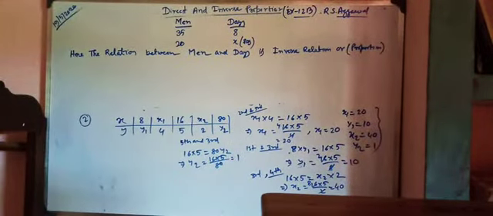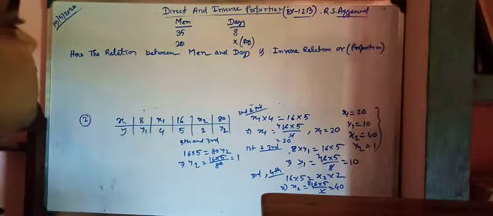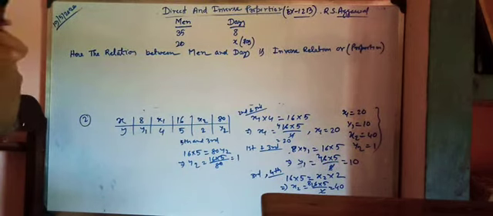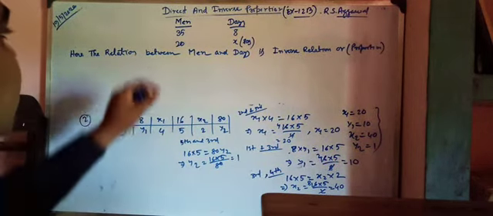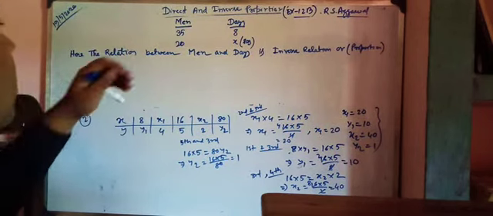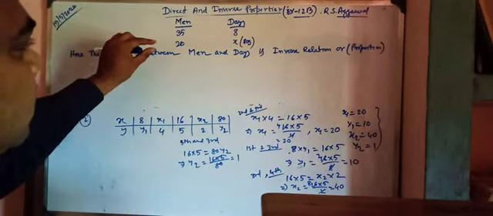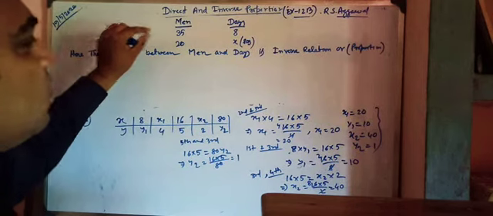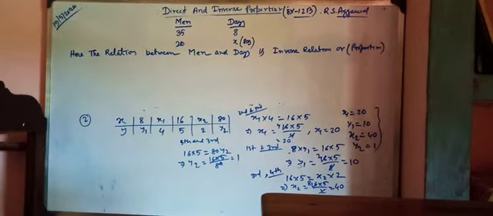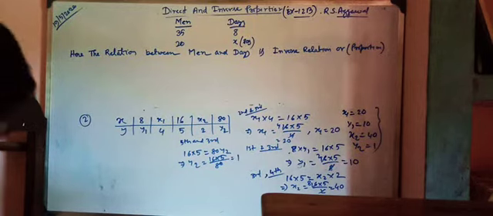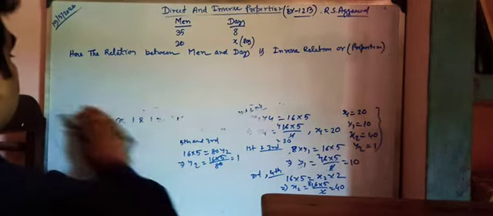Now here we have to look after this, that this and this are in inverse proportion. Okay, inverse relation. So we can find the solution in two methods. I am doing the first method right now.